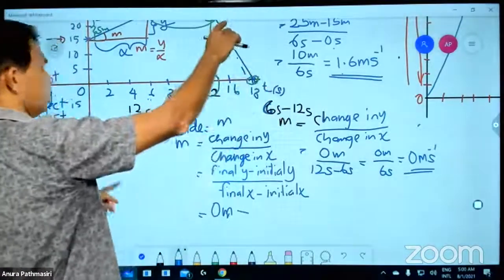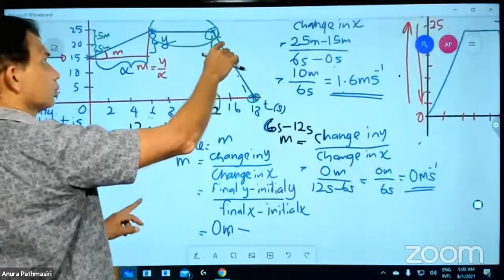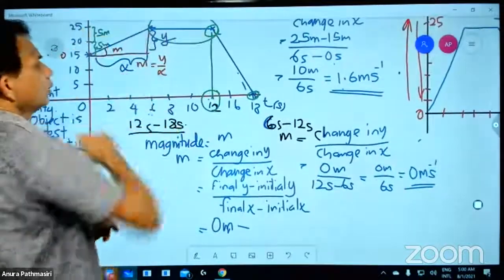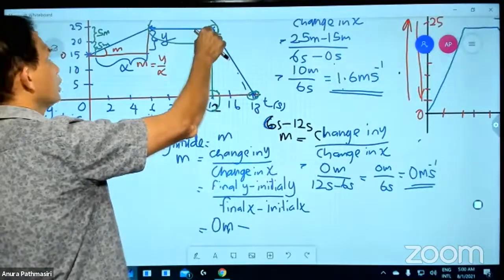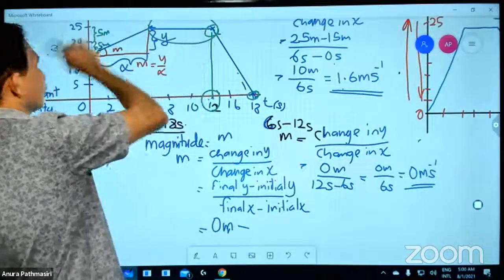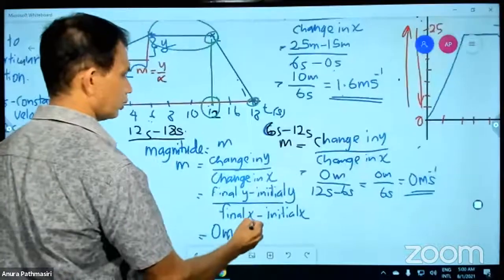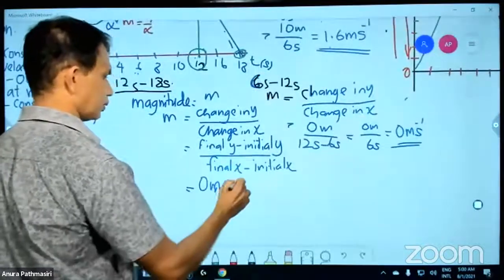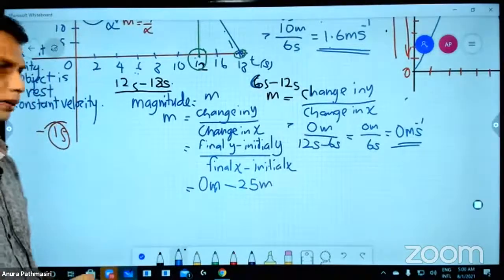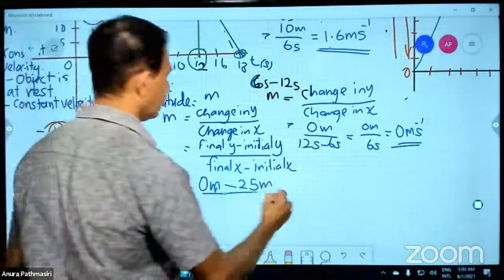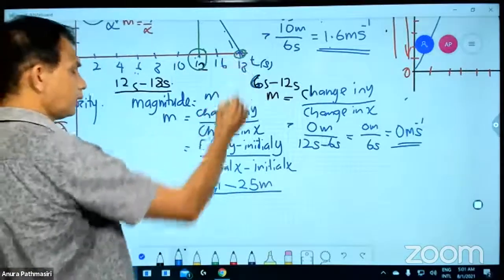Initial started at 25. Initial is 25 meters. Right? Final x, 18 seconds.